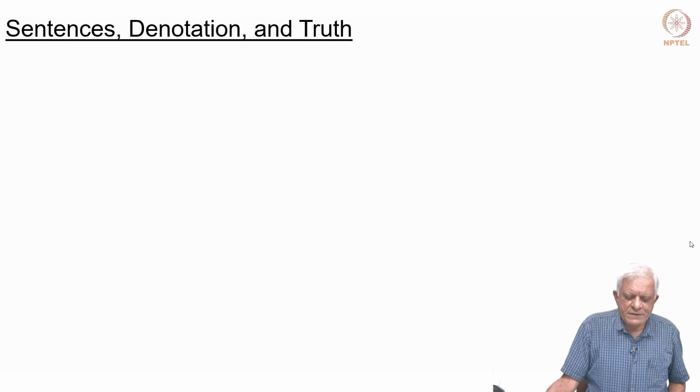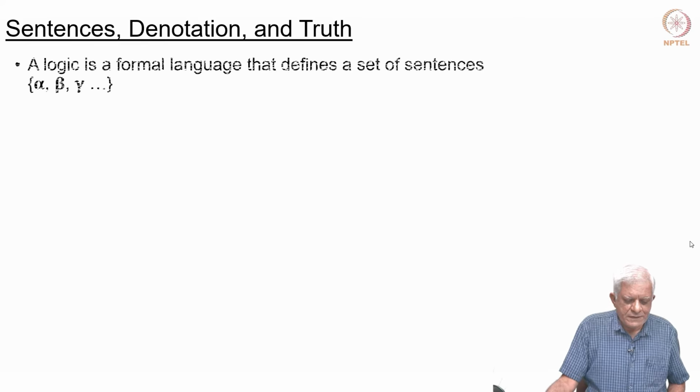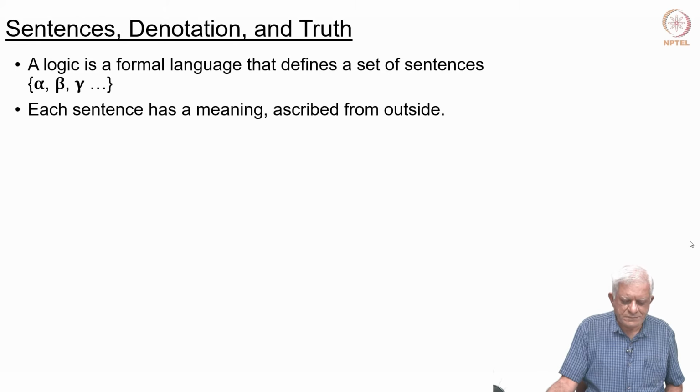Just a quick recap of what it is that we are studying logic for. A logic is a formal language that defines a set of sentences. We have seen one formal language, which is propositional logic, and today we begin on the second one, which is first order logic. Whatever language we are using, we will always refer to sentences in logic with the symbols alpha, beta and gamma and so on.